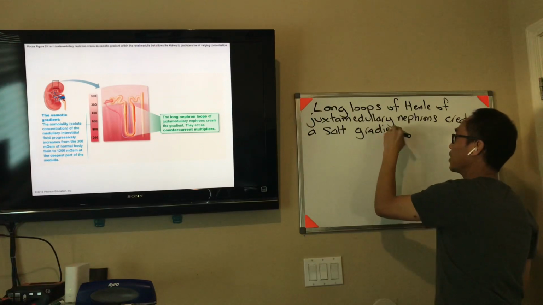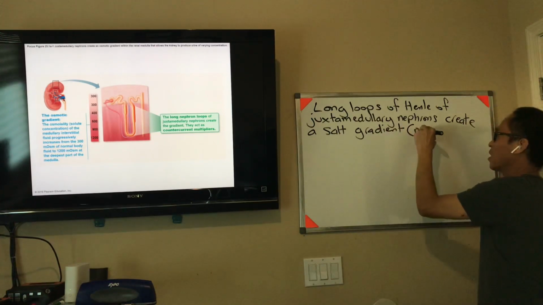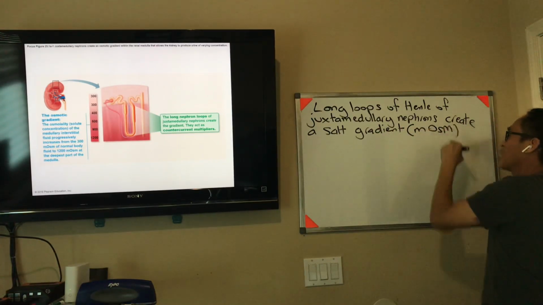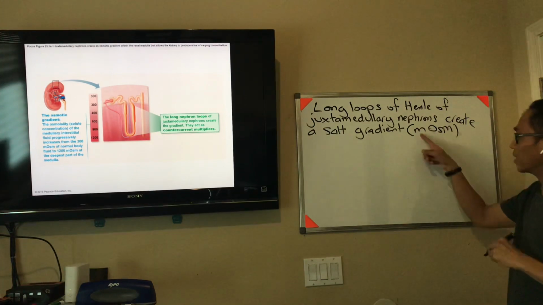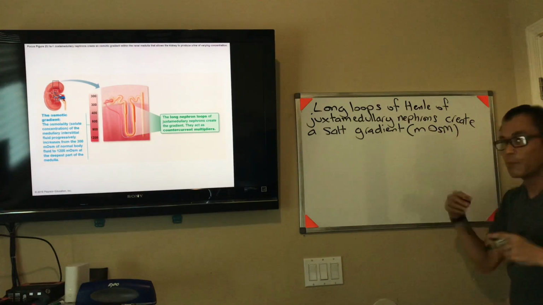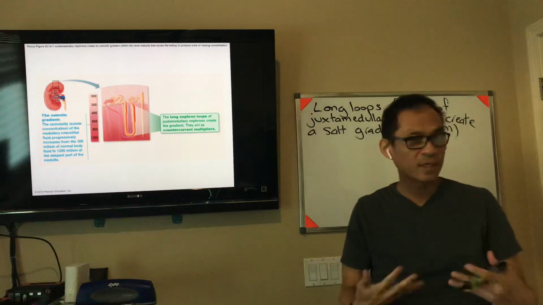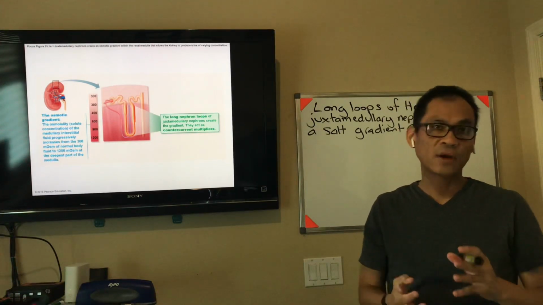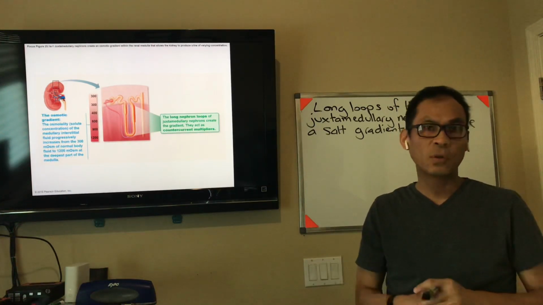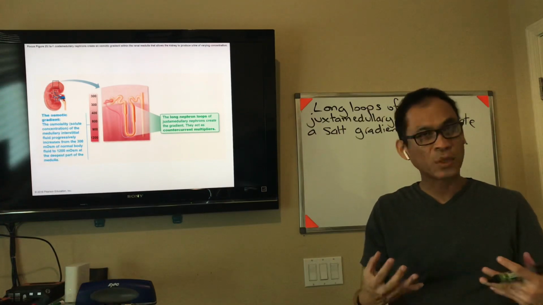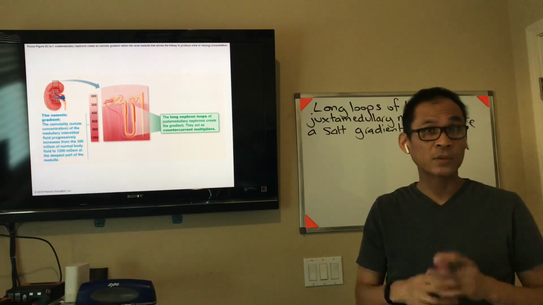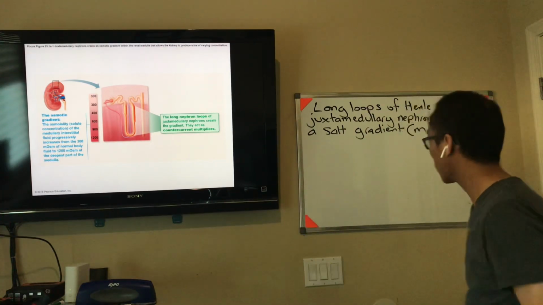and we usually use the term milliosmolarity. Now, molarity, you studied in chemistry, it's a concentration. Osmolarity is like biological molarity because in biology, we're concerned with the osmosis of water. So osmolarity, molarity.